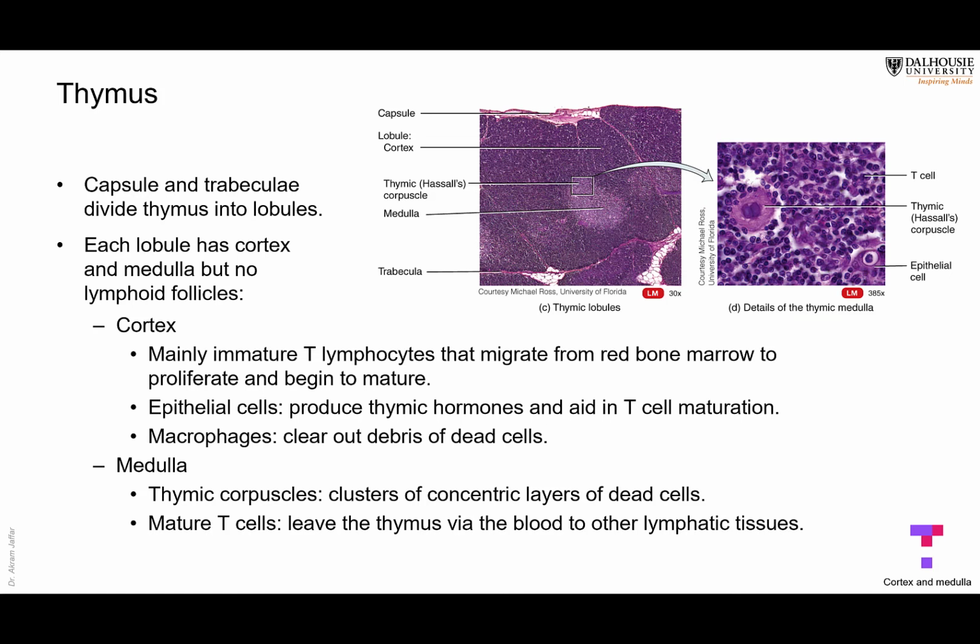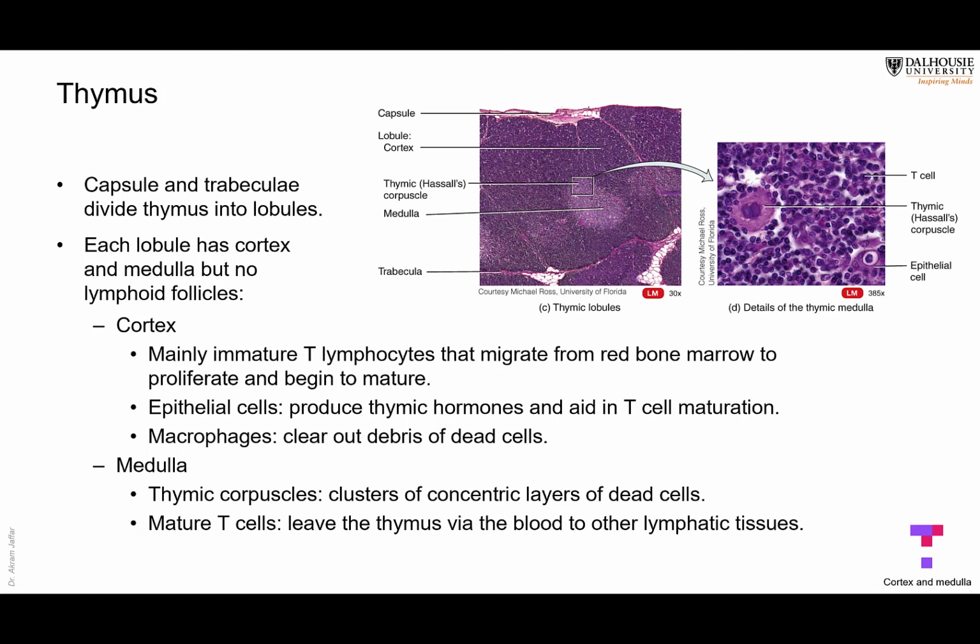This is how the thymus looks under the microscope. Again, it has a capsule and trabeculae of connective tissue that divide the thymus into lobules, and there is a cortex here, and a medulla. The medulla is lighter in color, and it is in the cortex that the maturation of T lymphocytes takes place because of the hormones produced by the thymic cells.